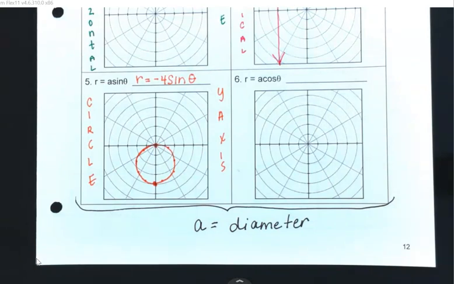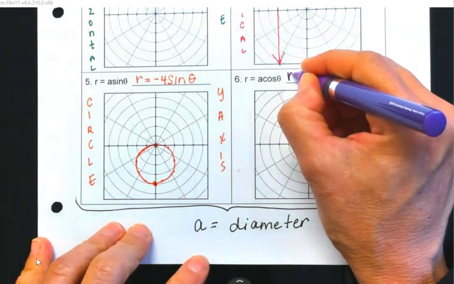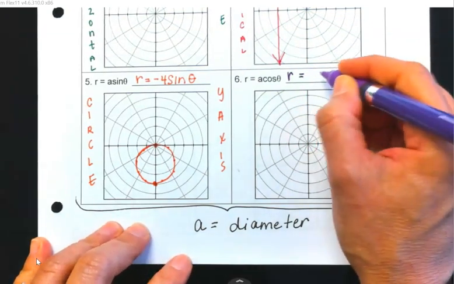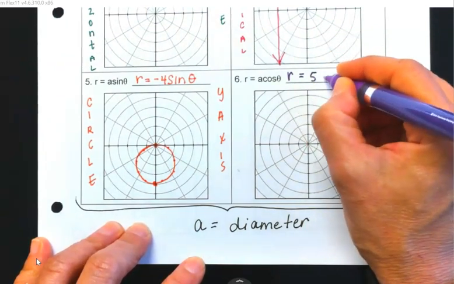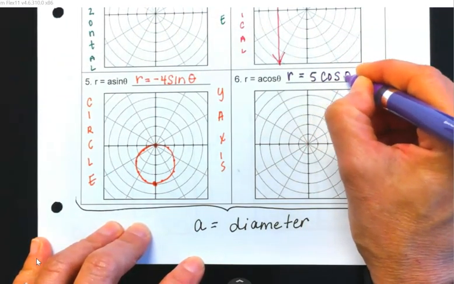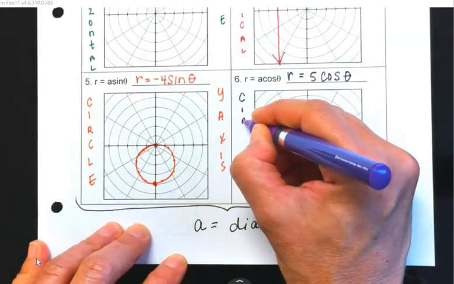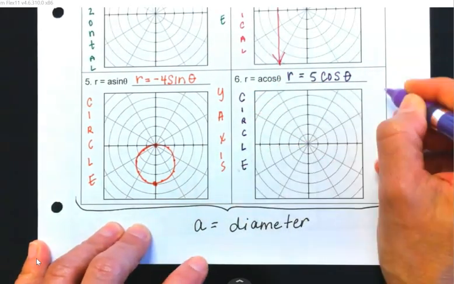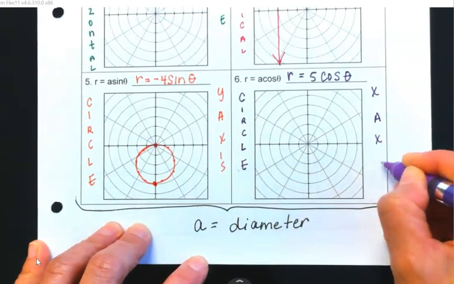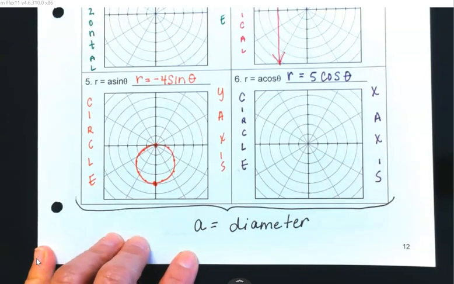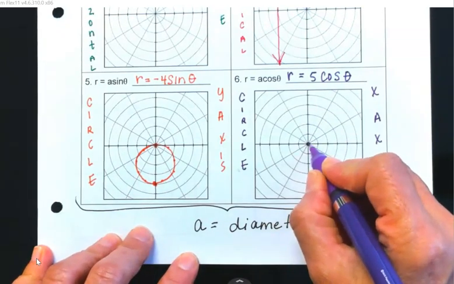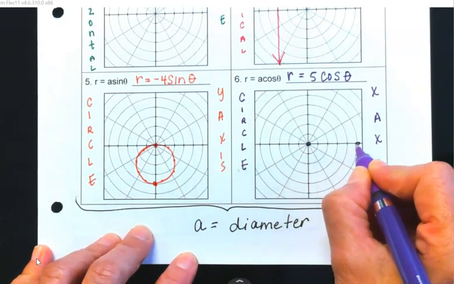Let's do our very last one. So this is going to be r equals 5. 1, 2, 3. Yeah, 5 will fit. Let's do 5 cosine theta. So remember, this is going to be a circle for sure, but it's going to be on the x-axis because it's cosine. So 5 places to the right because the 5 is positive. 1, 2, 3, 4, 5.